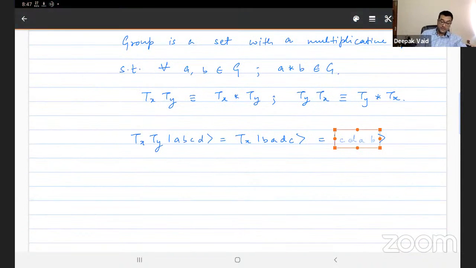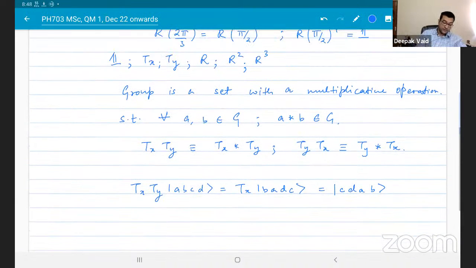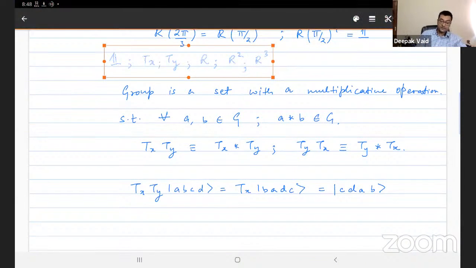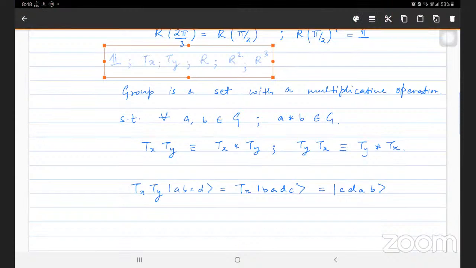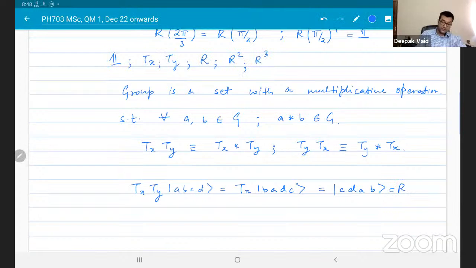Now, if you look at CDAB, can you relate CDAB to any of the other group elements? R pi, which is equal to R squared acting on ABCD. Right?